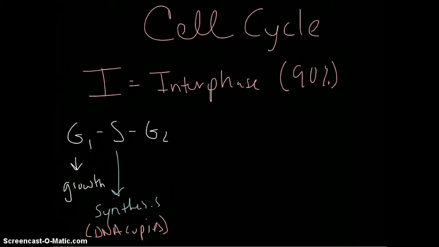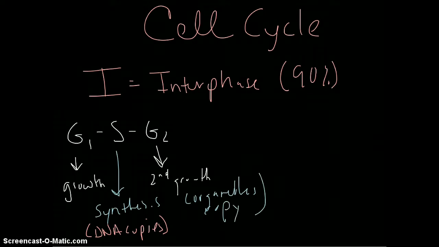And then finally, G2 is second growth, where organelles are going to be copied. Organelles are things you learn in biology A, which are mitochondria, ribosomes, endoplasmic reticulum, centrioles, all those other organelles are going to get copied.